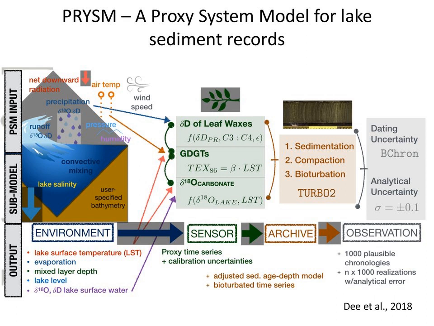And then you have the archive model, and that really determines how those sensors are incorporated into the sediment record and undergo processes like sedimentation, compaction, bioturbation, which is really important to what you end up with at the end of the day and the measurements that you're actually making on that proxy system.